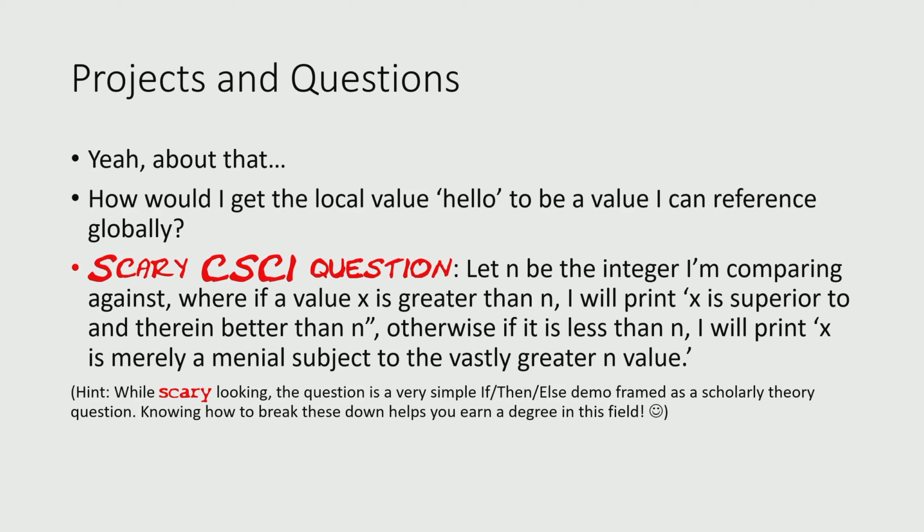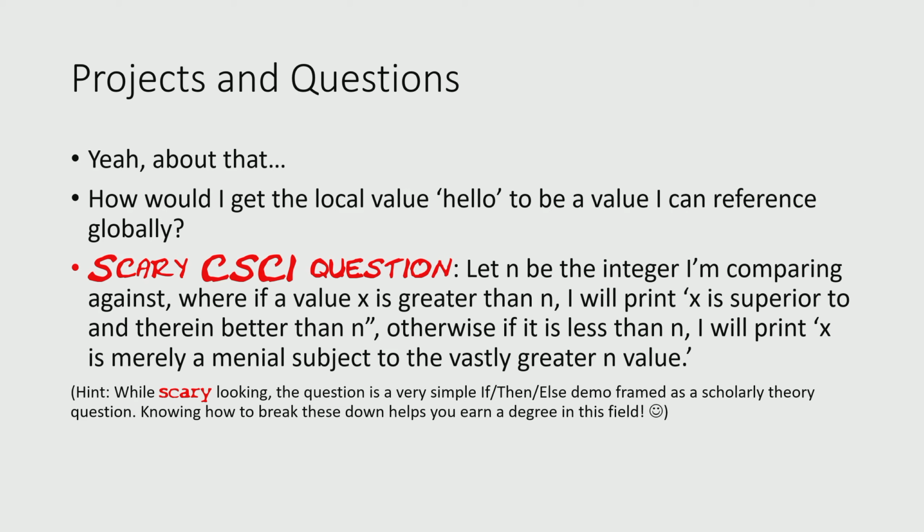So let's just get into the scariness of it. We say, let n be the integer I'm comparing against, where if a value x is greater than n, I will print this pompous phrase: x is superior and therein better than n. Otherwise, if x is less than n, I'll print: x is merely a menial subject to the vastly greater n value.